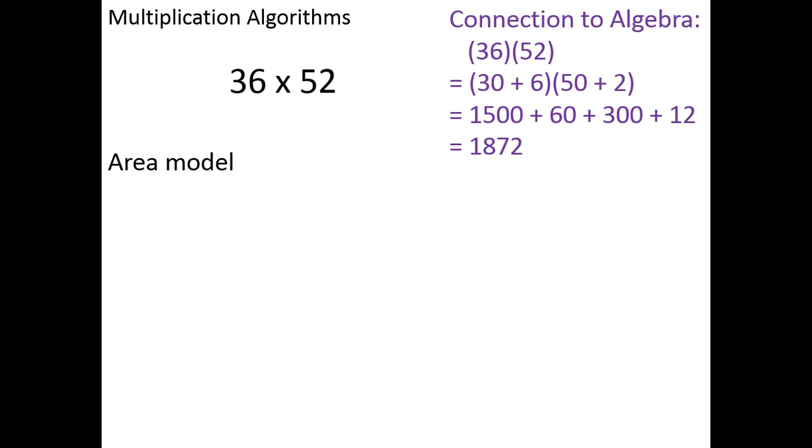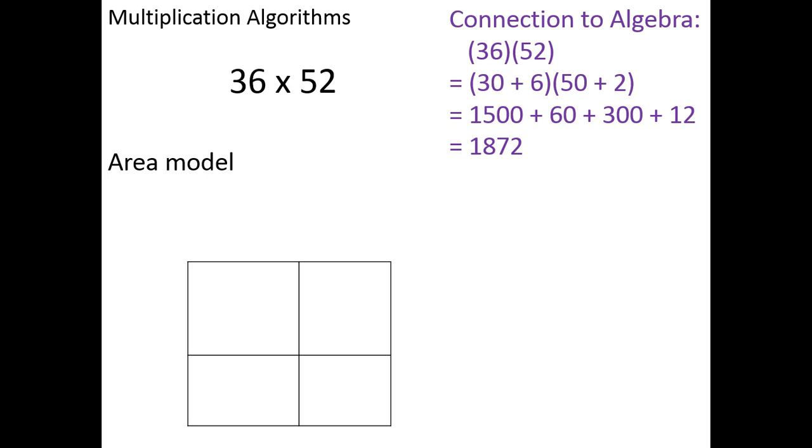We could use an area model to multiply these two numbers. The way we would do that is by representing each of the numbers as a length of a side of a rectangle. So 36 is 30 plus 6, and 52 is 50 plus 2. Then what we're going to look for is the area inside each of the rectangles that are inside the large rectangle.